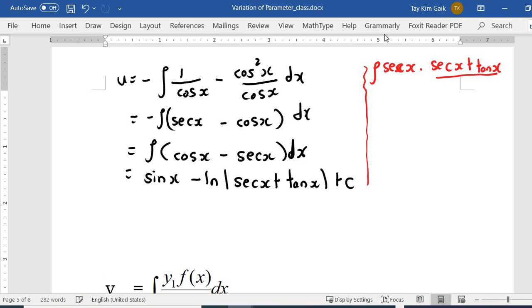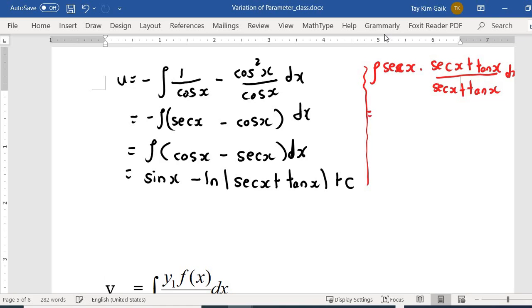If I want to integrate secant x dx, I multiply by secant x plus tangent x, and then divide back by secant x plus tangent x. This is actually multiplying by 1, so it won't affect the integral of secant x dx.